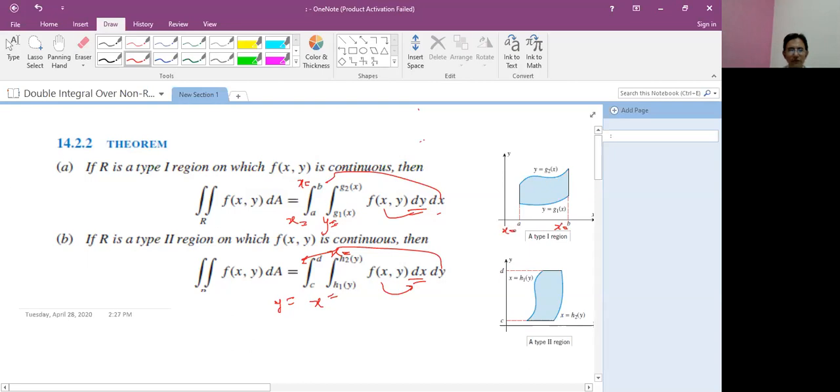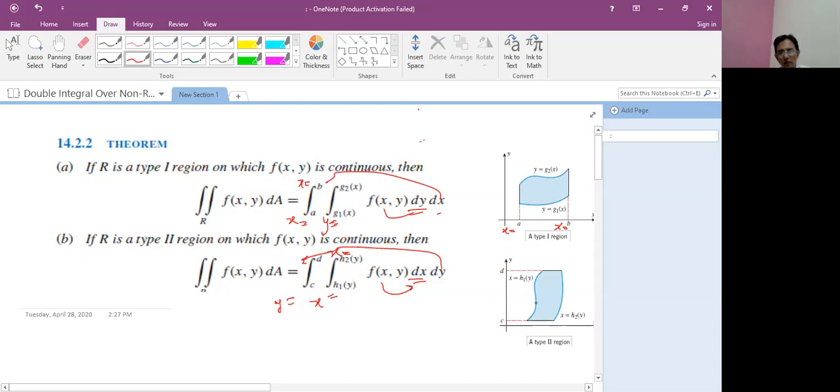Both are constant. And it is bounded below and above by continuous curves, so y equals g1 of x and y equals g2 of x. It means the limit of y is a function of x, the variable in the limit of y is in terms of x. This is called type 1 region.